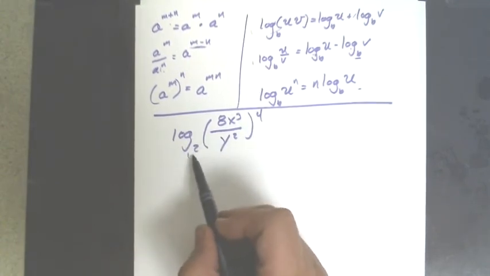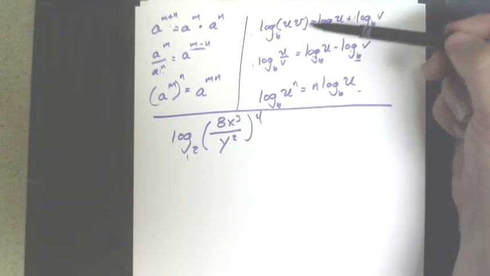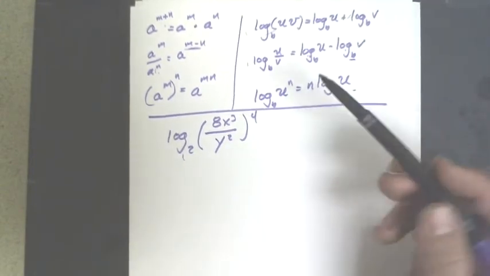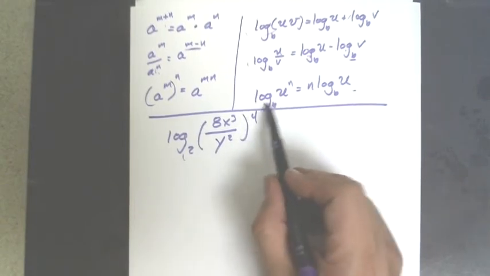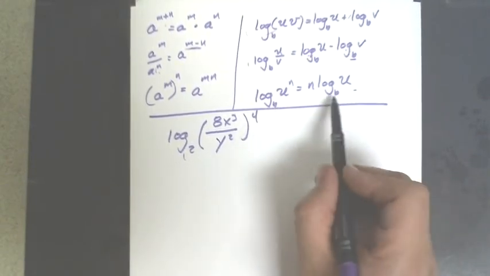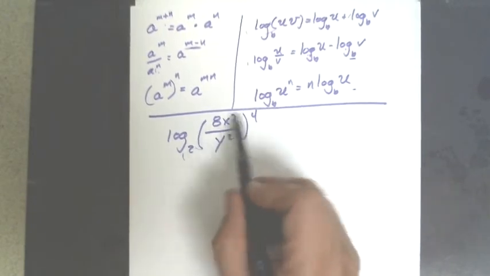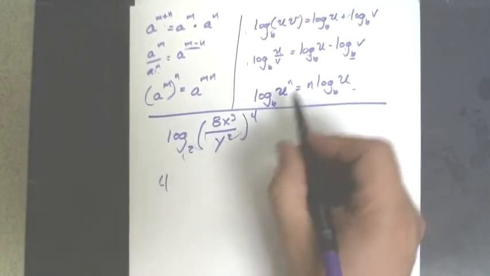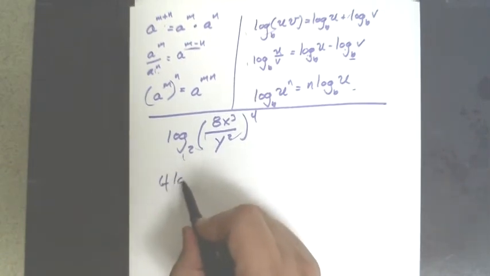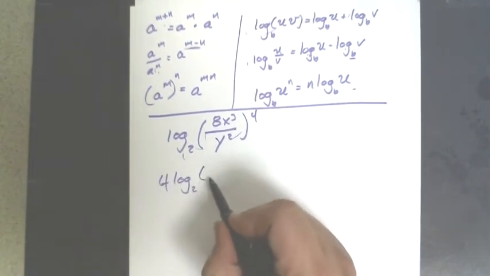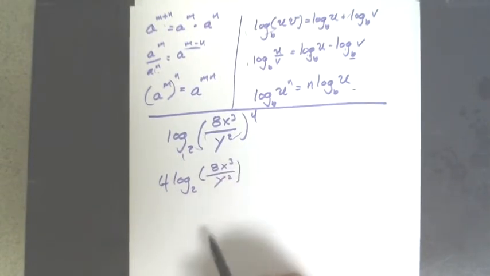The fact that the base is 2 doesn't matter. The base just stays the same in all of these properties. Fundamentally, this is some object raised to a power. So the first thing we really have access to is the power property. We can bring that power down as a multiple: 4 times the log base 2 of 8x to the third divided by y squared.